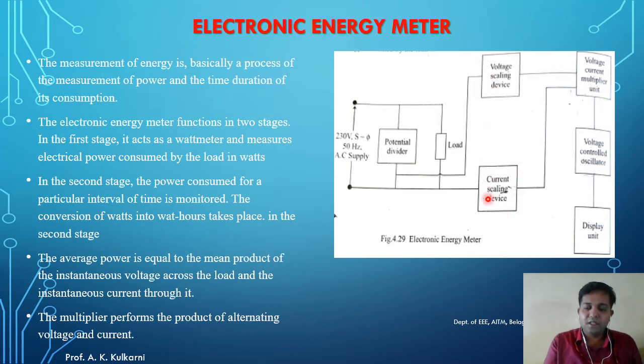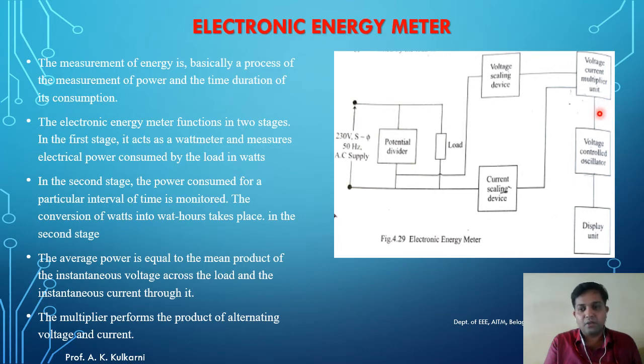And next, whatever output we get from the voltage scaling and current scaling device is fed to the voltage current multiplier unit, where the multiplier performs the product of the alternating voltage and current. Then it is fed to the voltage controlled oscillator, which controls the oscillated signals.